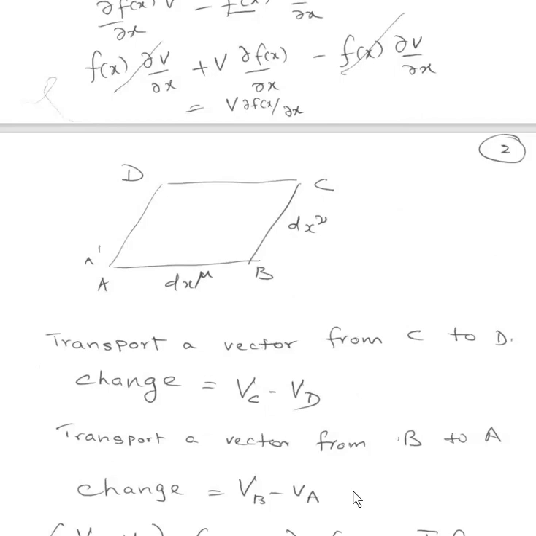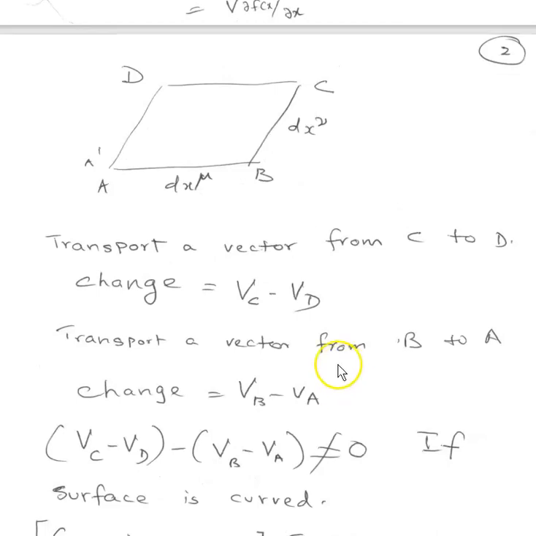Now we want to capture the curvature from B to C, C to D, and D to A. So let us take a vector and transport it from C to D, and that would be VC minus VD. And then we transport a vector from B to A, and the change is VB minus VA.